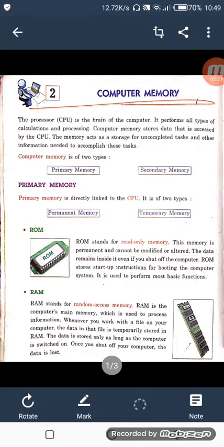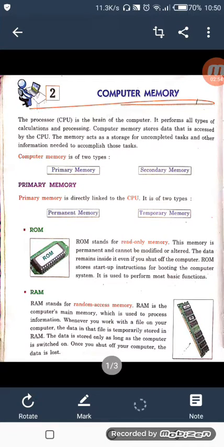The permanent type remains the same even if our computer shuts down. It will not vanish, it will not be deleted. But in temporary memory, it will vanish and be cleared if our system shuts down.